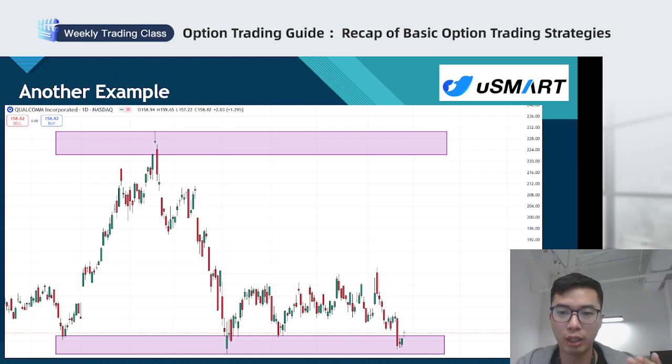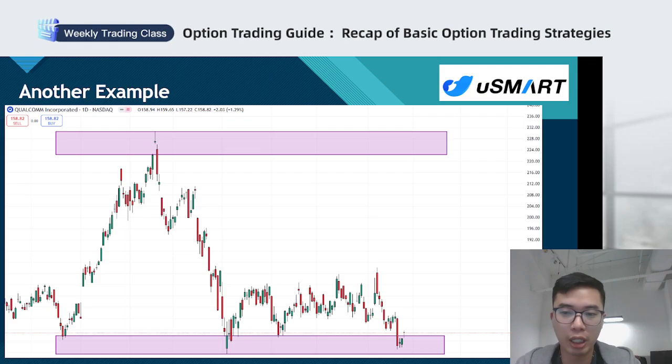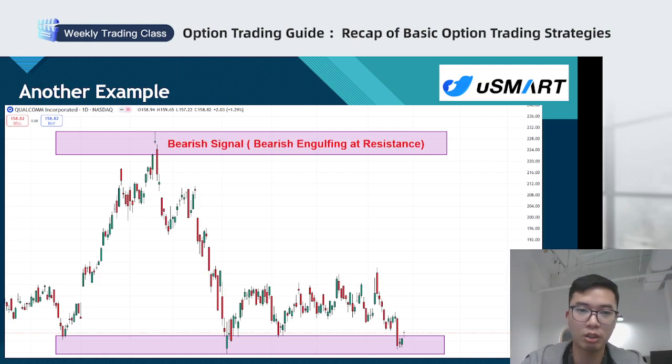And for the right side, let's say at that time when it hit open high, close low, then another day it drops, it closed with a red bearish engulfing bar. So I will consider taking a short, to take long a put, to buy put options, because when we buy put options, we earn profits when the price drops.